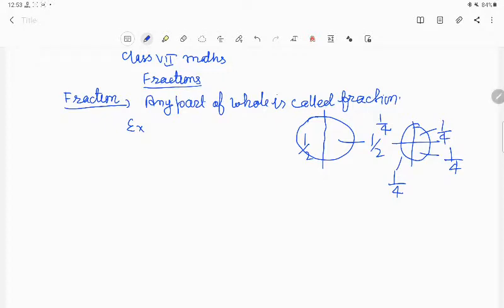So, types of the fraction. See here, we can write 1 by 2, 1 by 4. The number written above the small horizontal line, 1, is called numerator, and 2 is called denominator.